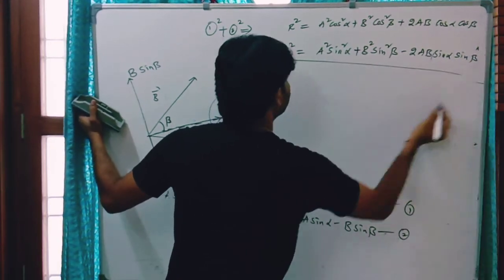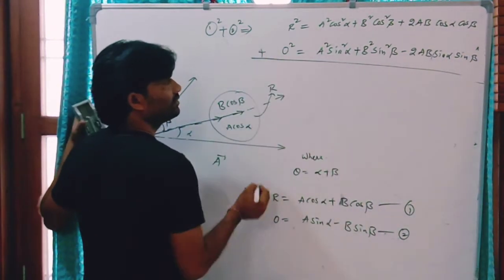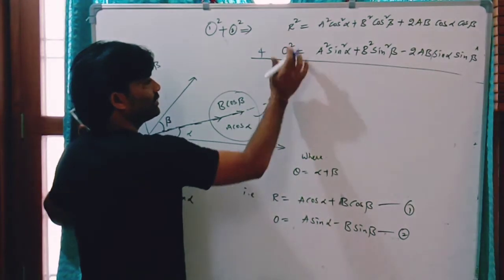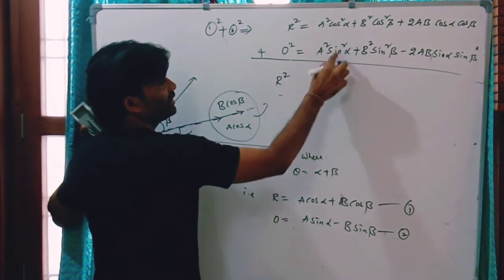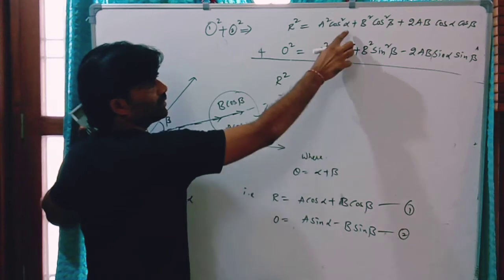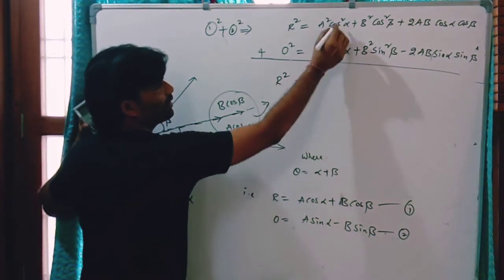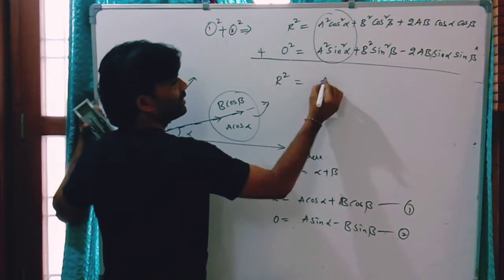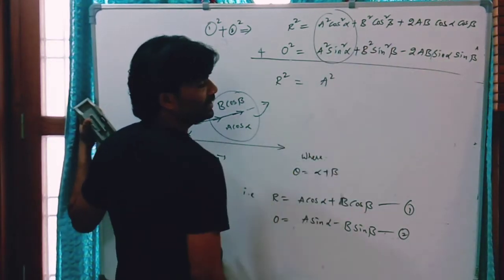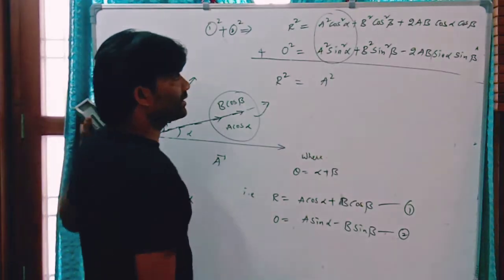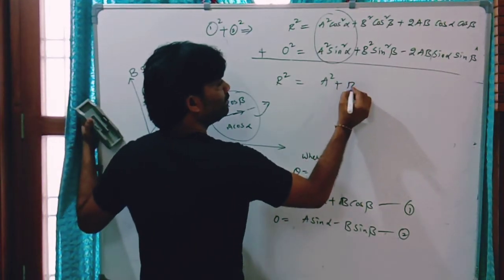Now let us add these two. What is the addition of these two? r square. The addition of these two is what? a square common, sin square alpha plus cos square alpha is 1. So it gives only a square. From these two also b square common, sin square beta plus cos square beta is 1, b square.